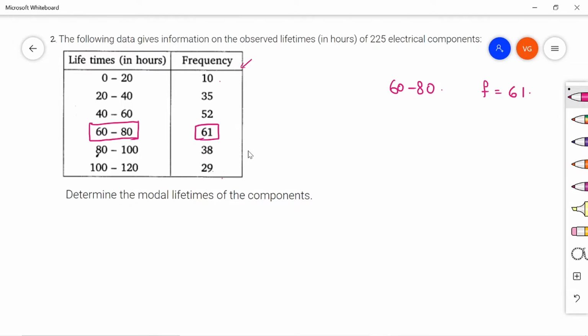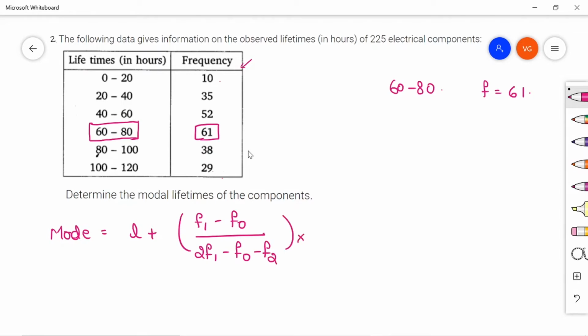So let us write down the formula. Every time we need to write down the formula. Mode = L + (f1 - f0) / (2f1 - f0 - f2) × h. So let us write down the values of these variables from the given data. L is the lower limit of the modal class, so that is 60.